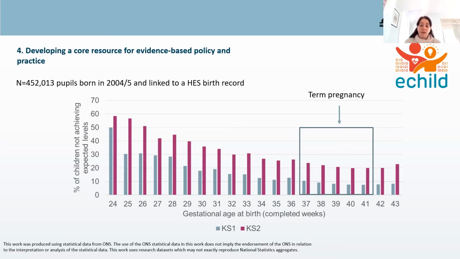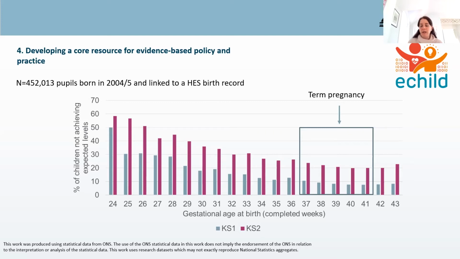And we don't yet have a clear idea about how gestational age or low birth weight, for example, interacts with other factors like childhood chronic conditions or month of birth even, which can make a big difference in terms of school attainment. So we're using the eChild data to generate evidence on this relationship in a more in-depth way than has previously been possible, again, due to the size and the comprehensiveness of the data.